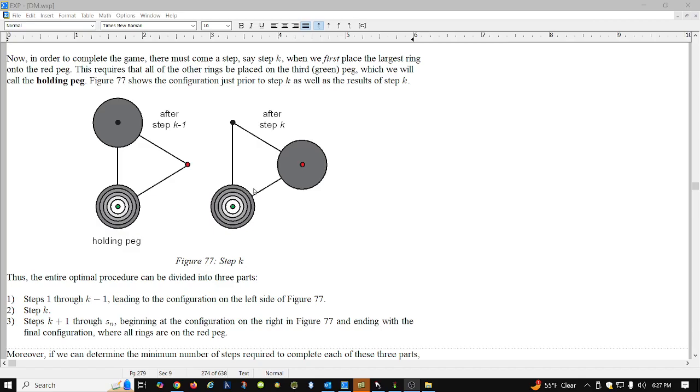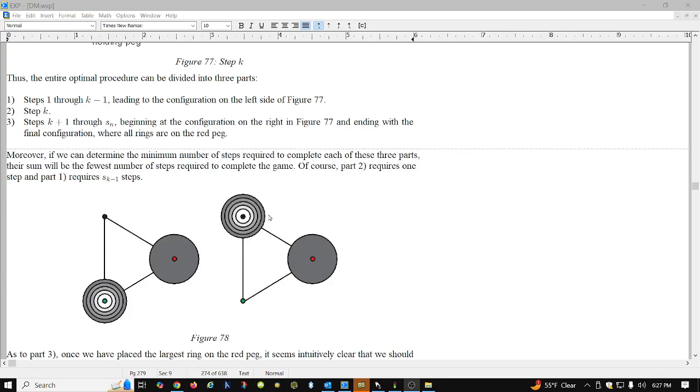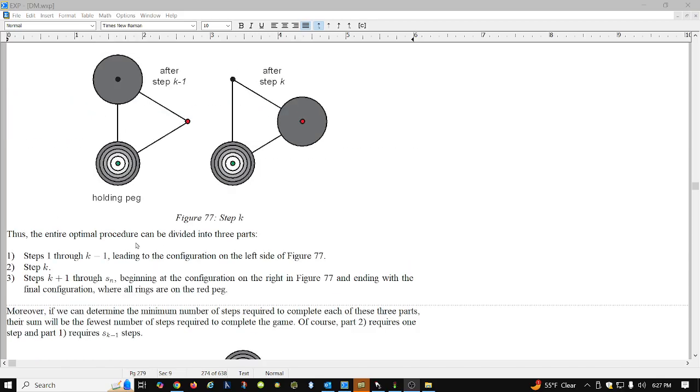Minimum number of steps. Moreover, if we can determine the minimum number of steps required to complete each of these three parts, their sum will be the fewest number of steps required to complete the entire game.